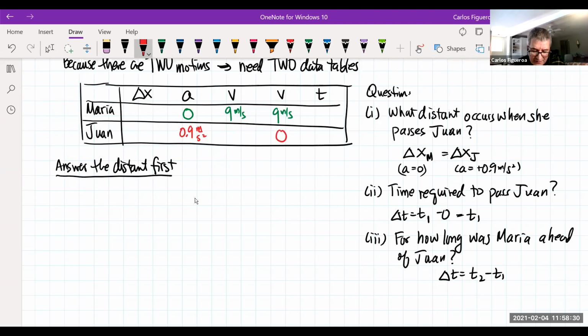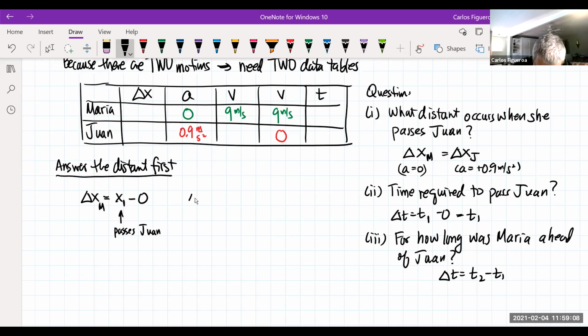And what we're seeing here is that for that interval, what is it that I know and what I don't know? Well, we said that we're trying to find the distance, but look what this tells me here. Delta x is not position, it's displacement. If I look at Maria, she starts off at the origin, and we're going to say that at x1, this is where she passes Juan.